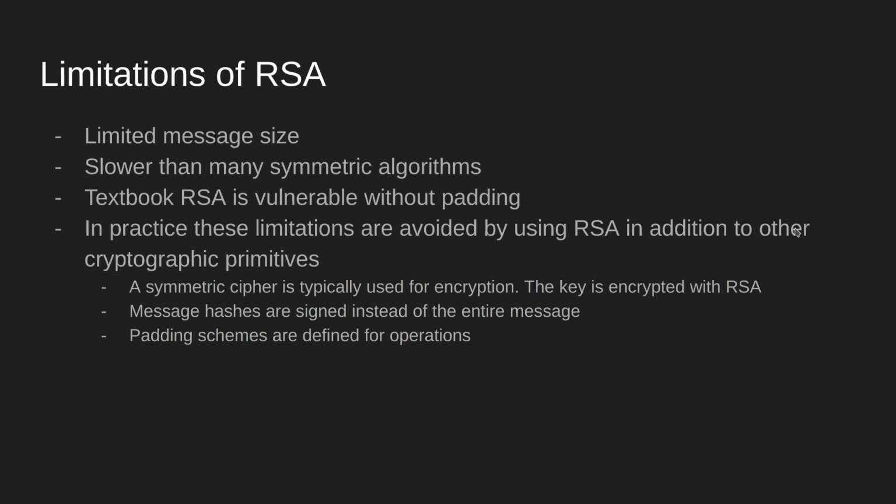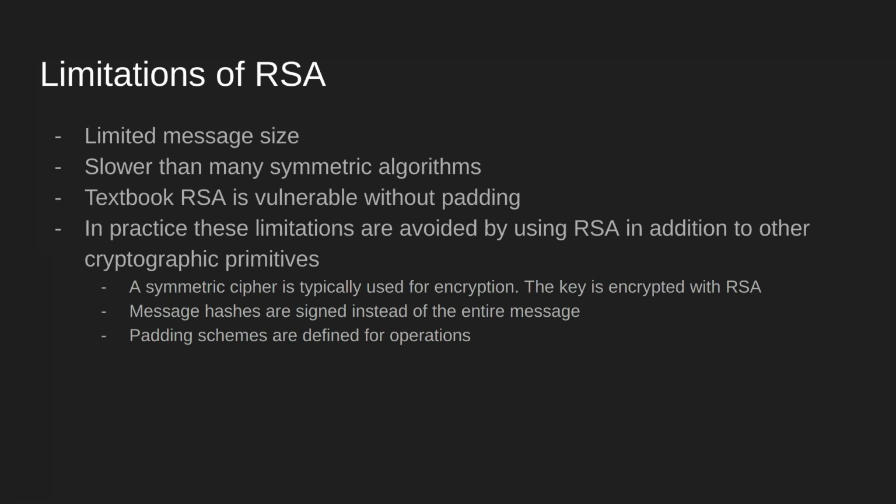RSA has some limitations. There's a reason we don't use it. We switch to symmetric as soon as possible. The message size is limited. And textbook RSA has serious vulnerabilities without a reliable padding scheme. And RSA is also much slower.